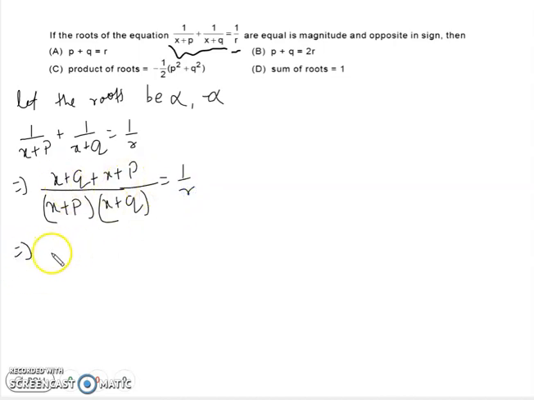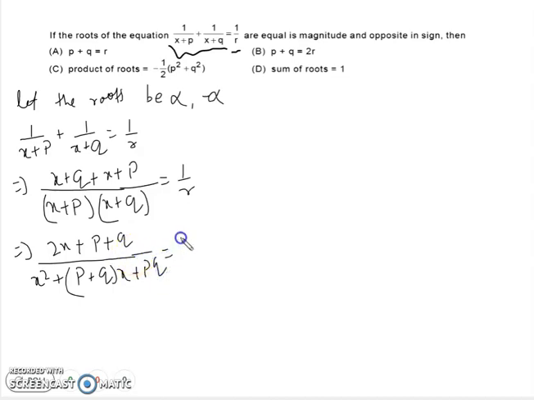And it becomes 2x plus p plus q, and the denominator becomes x square plus p plus q into x plus pq is equal to 1 by r.